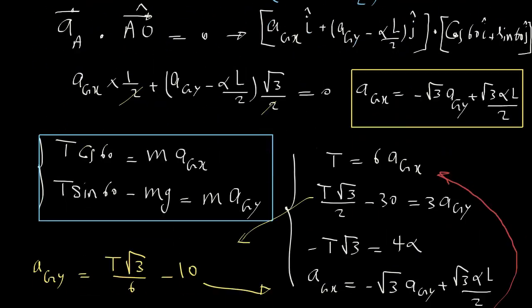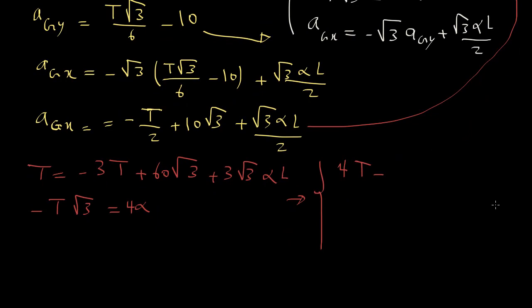So I can say here this would be 12 square root of 3 alpha. So 12 square root of 3 alpha is equal to, so I'm bringing this term and this term to the left hand side and leave this term here. So this would be 60 square root of 3.